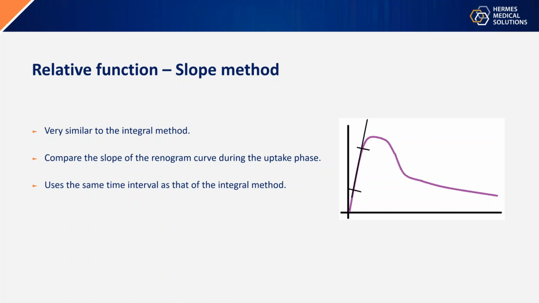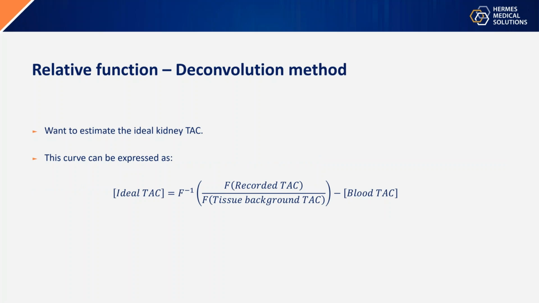The final method, and beyond a doubt the most complicated one, is the deconvolution method. What we really want is to estimate the ideal kidney time activity curve. You remember this one? This is what we looked at in the beginning. So if we had this one, then it would be a lot easier to estimate the different values we want.